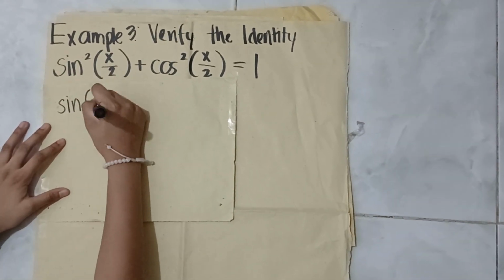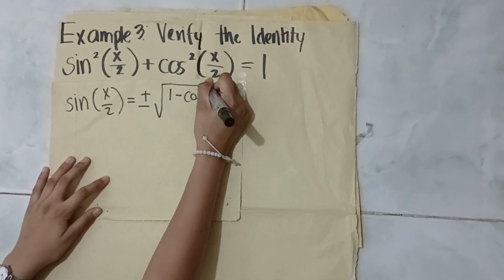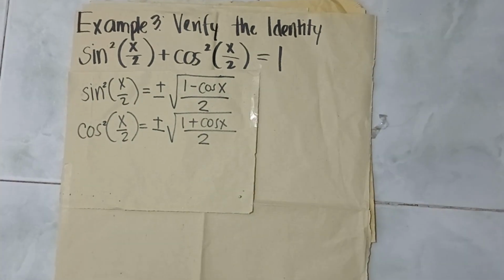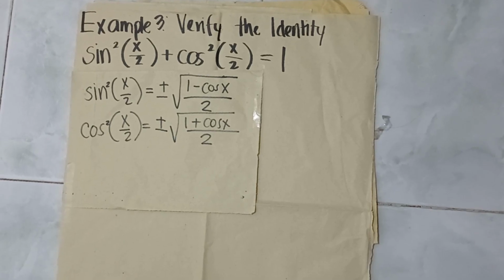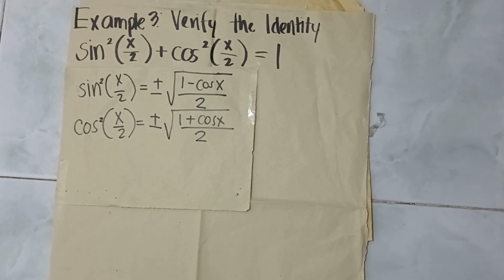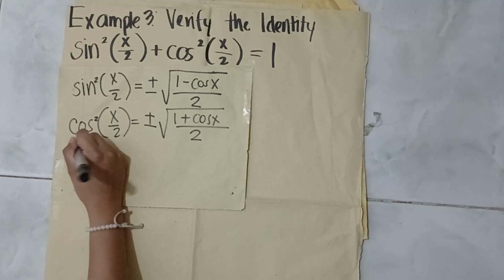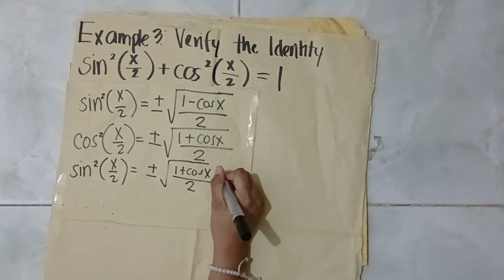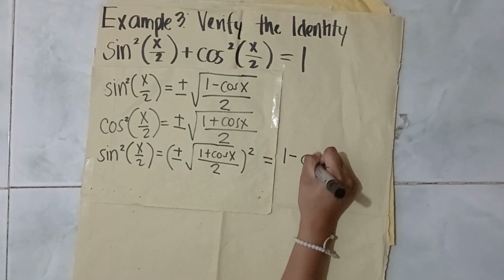Example number 3. Verify the identity. So in this problem, to verify the identity, we start with the left-hand side. First, identify the half-angle formula of each term. And then, square both formulas to remove the radical sign.